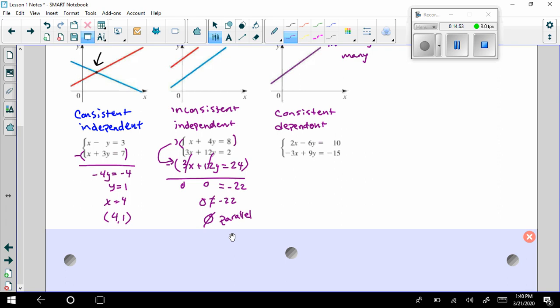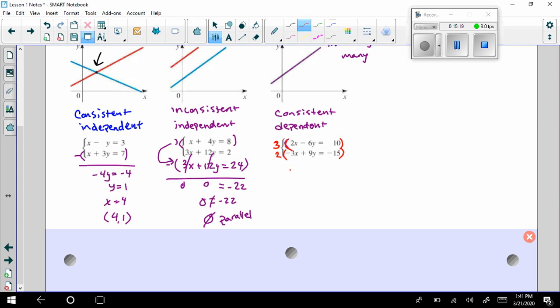Here, once again, I tend to just use elimination a lot of the times. If you want to use substitution, that's fine. But I'm going to multiply the top by 3 and the bottom by 2 to get my x's to be the same.